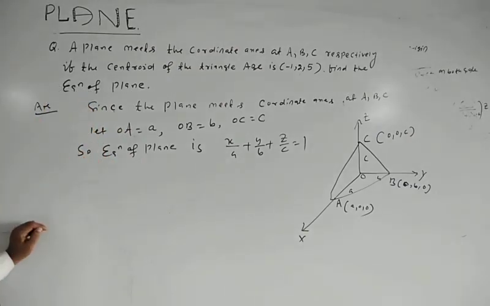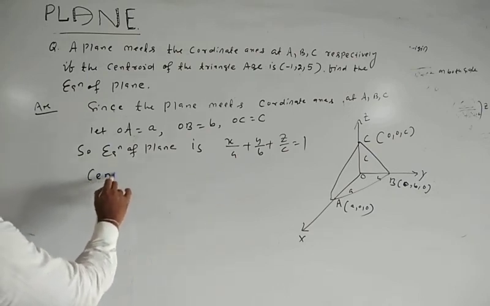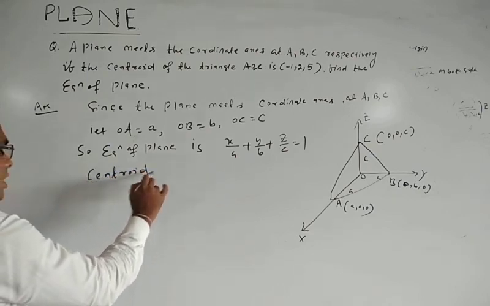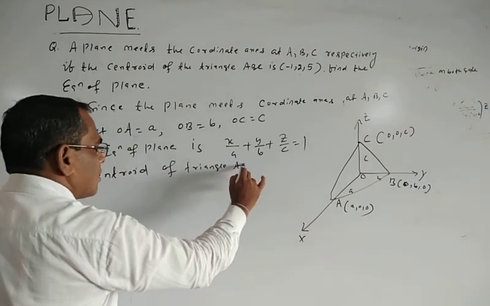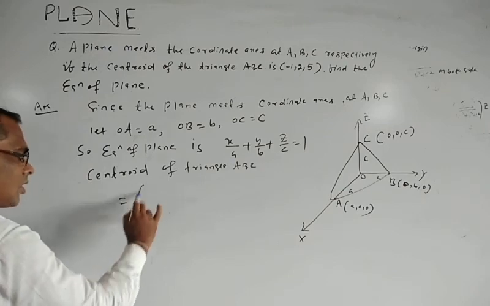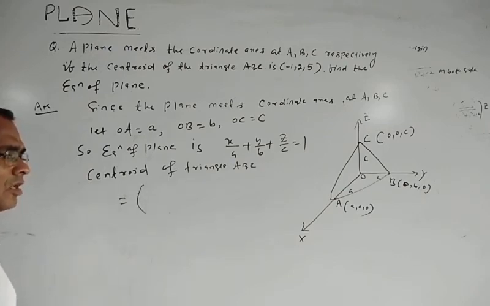And you know what is the centroid of the triangle ABC? The centroid of a triangle is (x1 plus x2 plus x3 by 3, y1 plus y2 plus y3 by 3, z1 plus z2 plus z3 by 3).